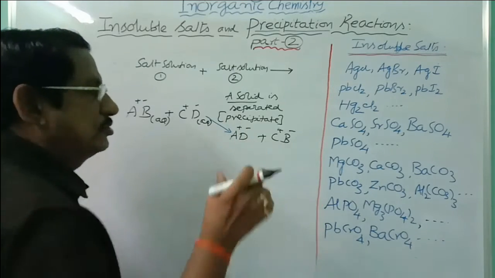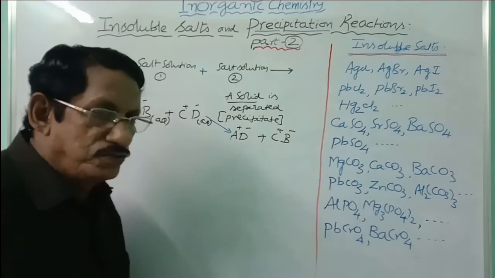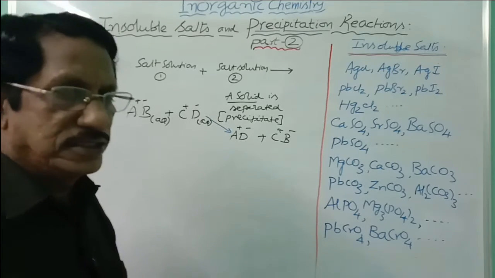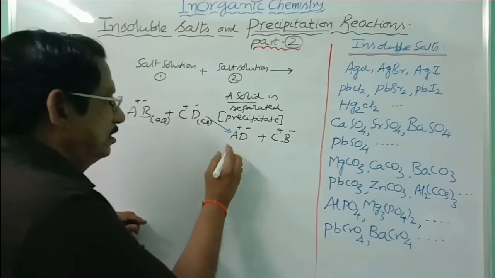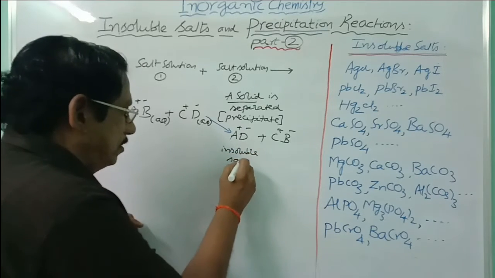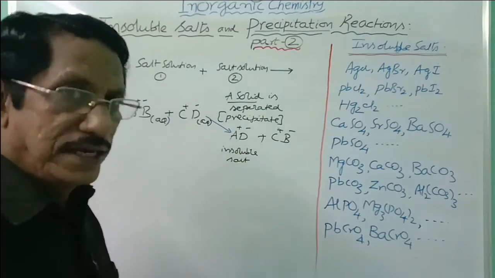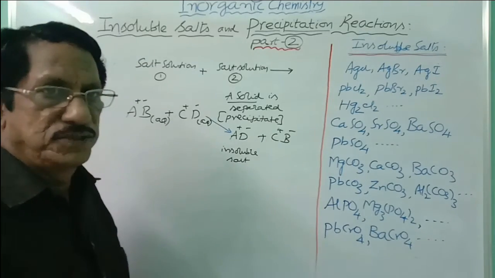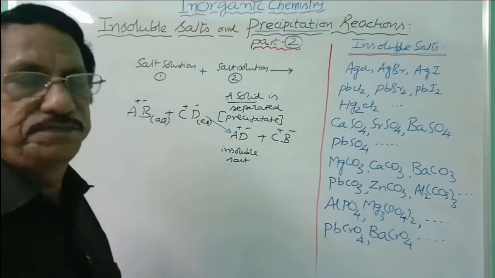And out of these two salts, one salt should be insoluble. Let us suppose that AD is insoluble. This is insoluble salt. And so as it is insoluble in water, that cannot be in the aqueous form, it will be coming down as a solid.